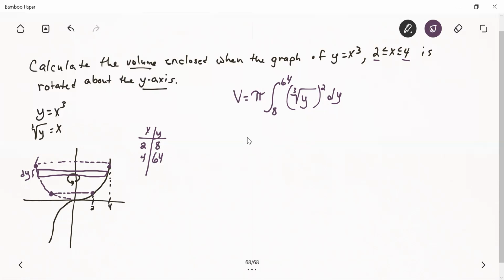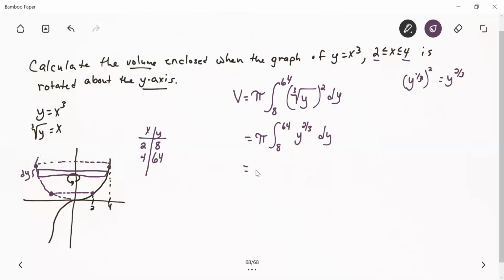All right, so let's see, pi from 8 up to 64, and this is y to the 1/3 quantity squared, so this gives me y to the 2/3 dy, because remember this is y to the 1/3, and that's squared. That gives me y to the 2/3.